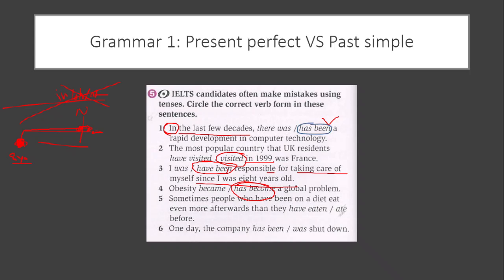When we say has become a global problem, it means that most likely at present it's still a problem. But when we say became a global problem, now it's no longer a global problem. Get it? Number 5. Sometimes people who have been on a diet eat even more afterwards than they did before. That's the key word.